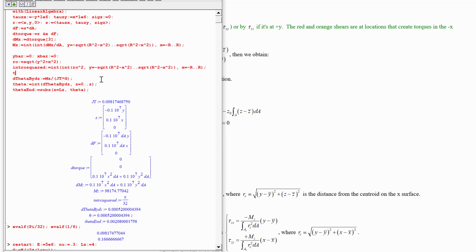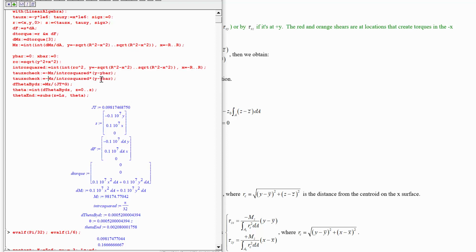So again, we'll say that tau Zx check is equal to negative mz divided by this integral times y minus y bar, and we'll say tau zy check is positive that thing times x minus x bar.